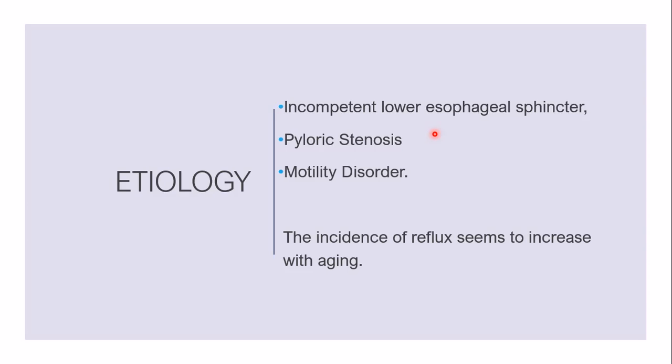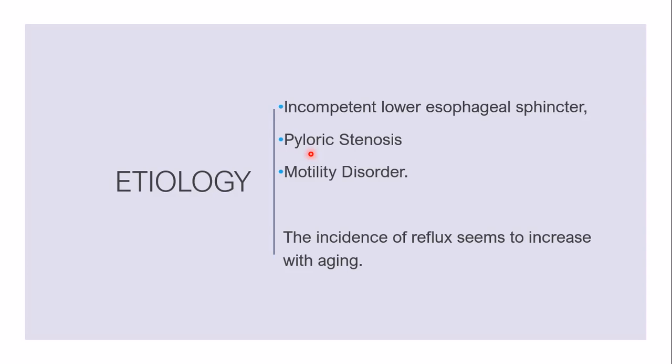Then there is pyloric stenosis, when the pylorus region is stenosed. I will take another session on pyloric stenosis, but I'll just give a brief about it. Stenosis is something that happens after inflammation, like during the healing process, and then it gets stenosed.